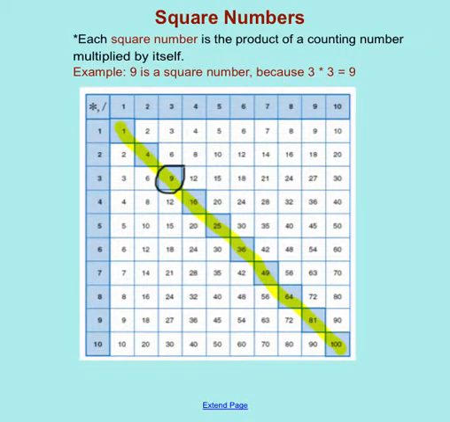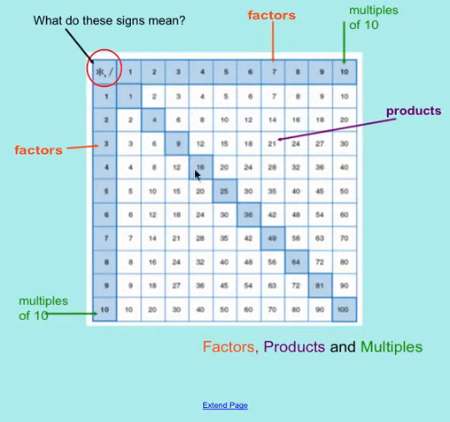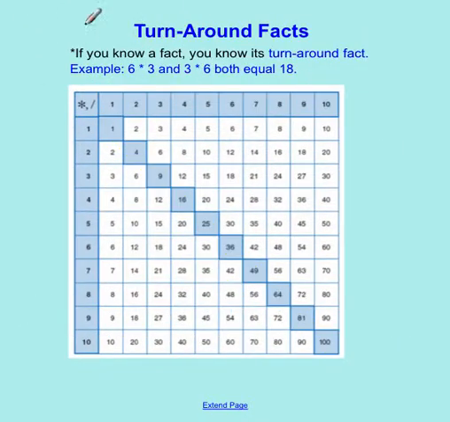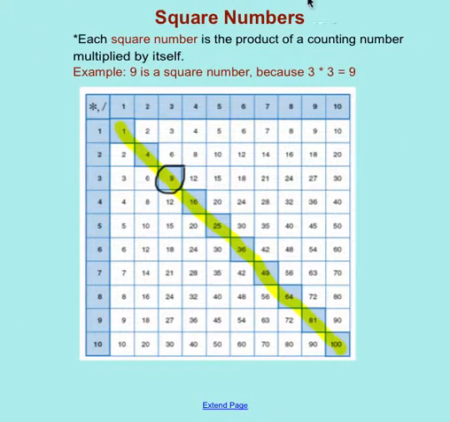You also notice that on the chart we had a diagonal line that was highlighted. These numbers are pretty cool because they are square numbers. A square number is the product of a counting number multiplied by itself.